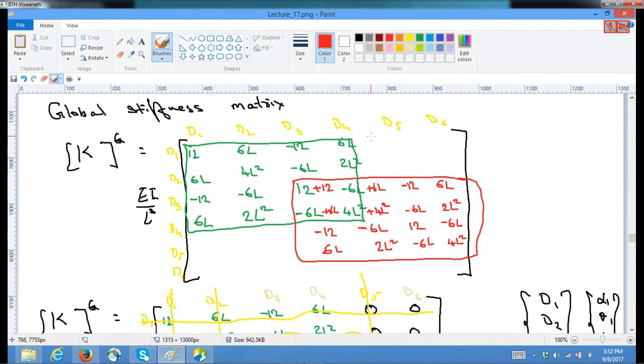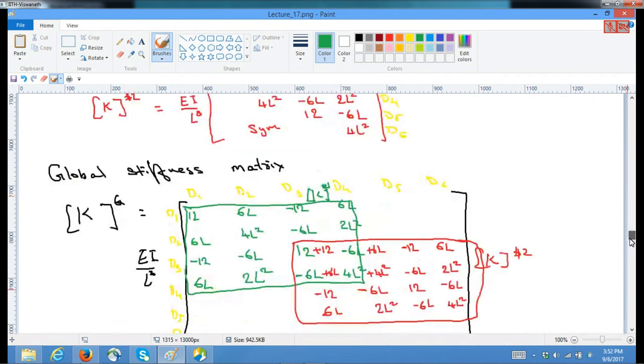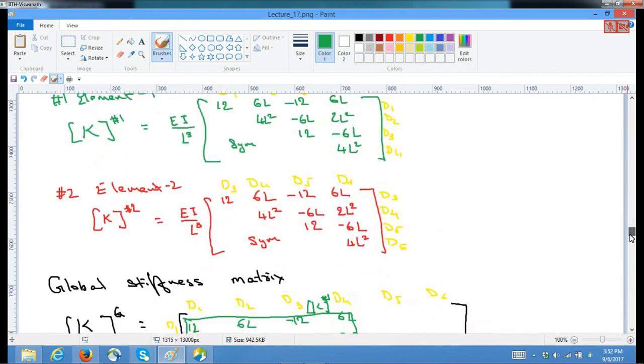This is K element 2, and this is K element 1. Since elements 1 and 2 have D3, D4 in common, element 1 will contribute stiffness at D3, D4, and element 2 also will contribute stiffness at D3, D4. So that's the reason this has been there. The stiffness element is as it is.